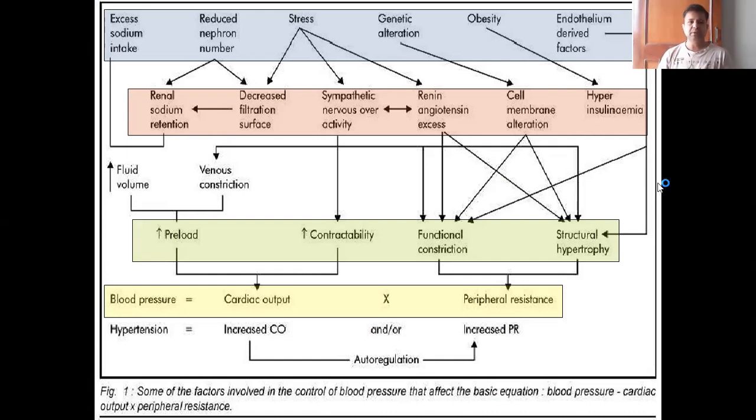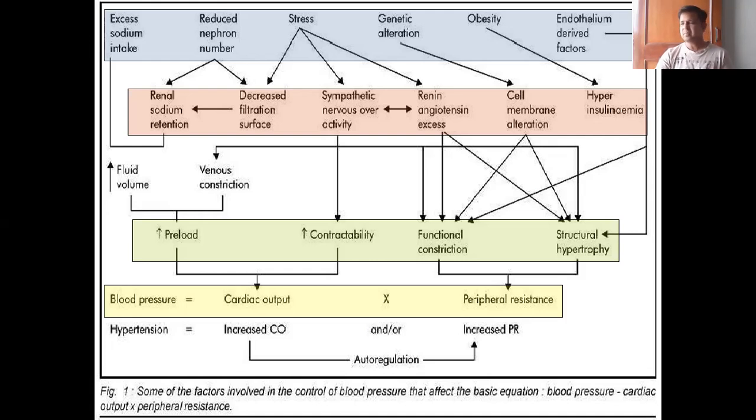You can see through this image that these factors may increase renal sodium retention, decrease filtration surface, increase sympathetic nervous activation, increase renin-angiotensin, cause cell membrane alteration and hyperinsulinemia, which further cause increased preload, increased contractility, functional constriction, and structural hypertrophy, which further cause hypertension due to increased cardiac output and increased peripheral resistance.